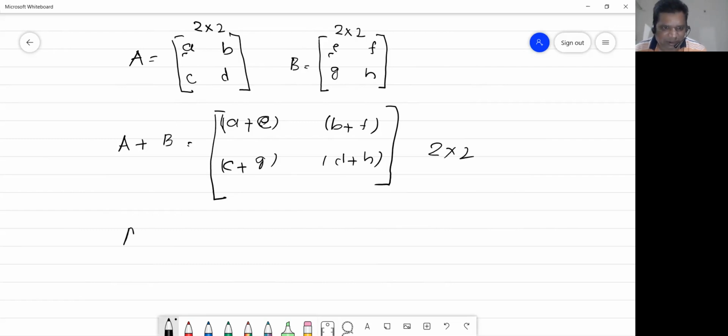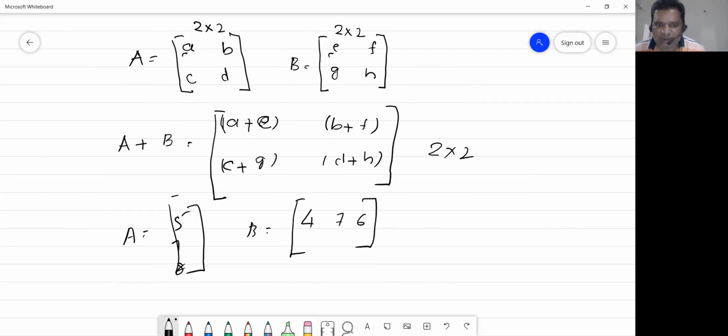For example, matrix A is equal to 5, 7, 8, and matrix B is equal to 4, 7, 6. We cannot add these two matrices because the sizes are not equal. What is the size of the matrix?